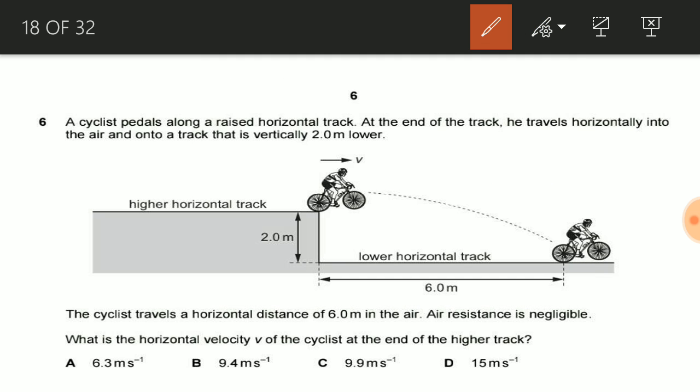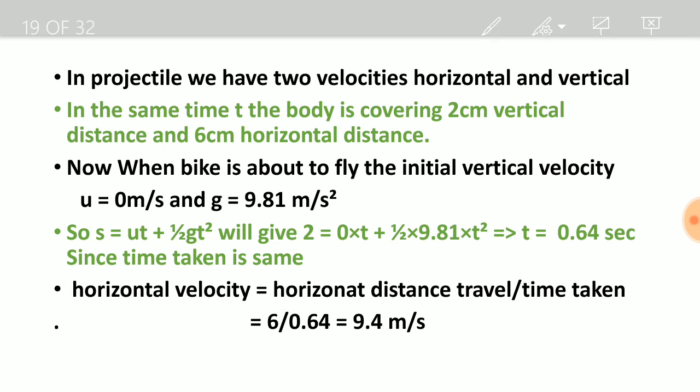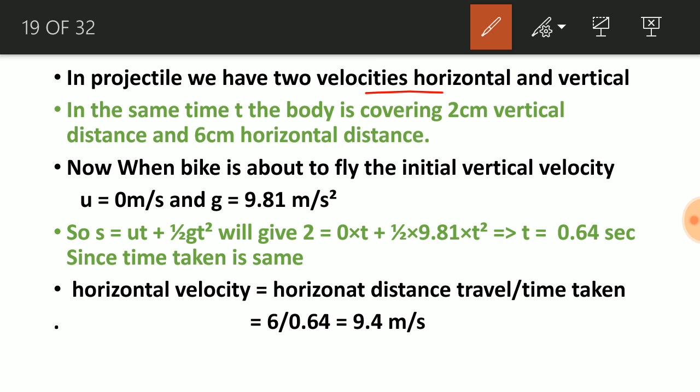Let us see the solution of this question. Here the projectile has 2 velocities, vertical and horizontal. When the body travels 2 meters towards the y-axis, it travels 6 meters towards the x-axis. Now our initial velocity, when a bike is about to fly, towards the y-axis is 0 and acceleration is 9.8 meter per second square.